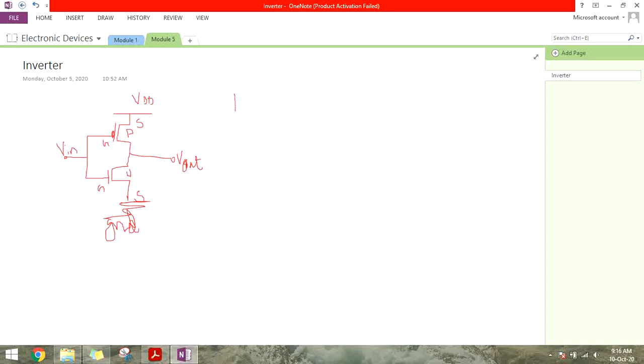Remember that whenever you provide 0 to the gate terminal of the PMOS, the PMOS will be on, and whenever you provide 0 to the NMOS gate terminal, it will be off. So the PMOS will turn on only when we give 0 to this terminal.